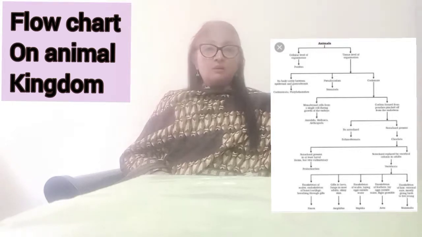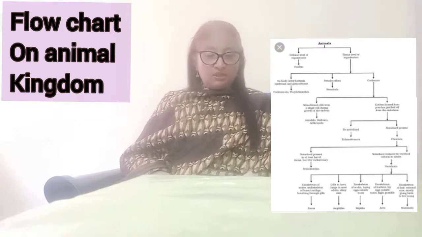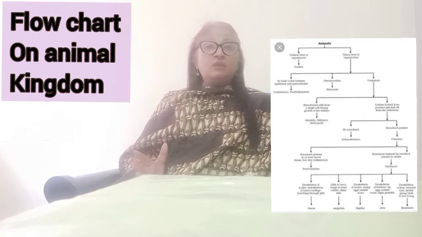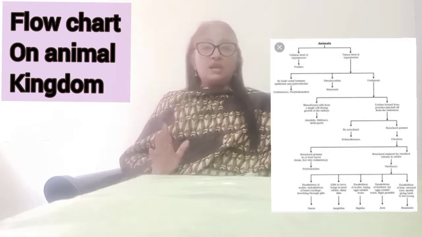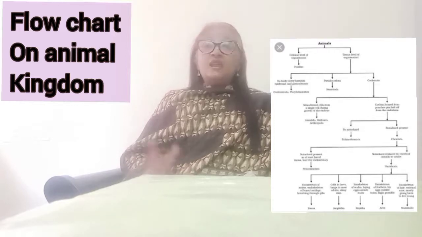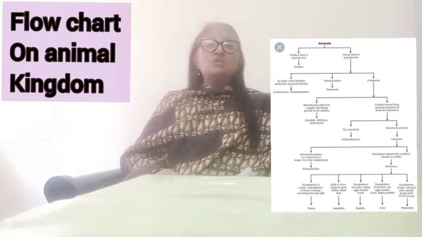Next is Aves. Exoskeleton made of feathers. They lay eggs covered with a hard shell, usually calcium carbonate. They have an aerial habitat. They are warm-blooded. They lay eggs. They have a four-chambered heart.